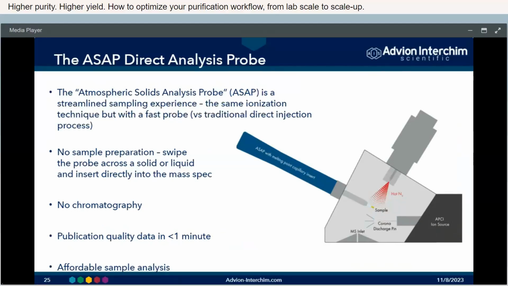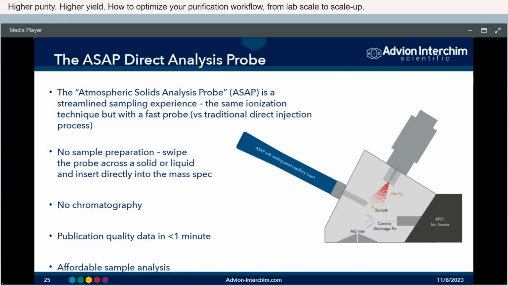Okay, and just to give you some more information on the ASAP probe. So it is a streamlined sampling experience. It's the same ionization process as APCI, but instead of doing a liquid injection of some kind, you're simply coating the glass capillary at the end of the probe with your sample and then sticking it directly into the source.